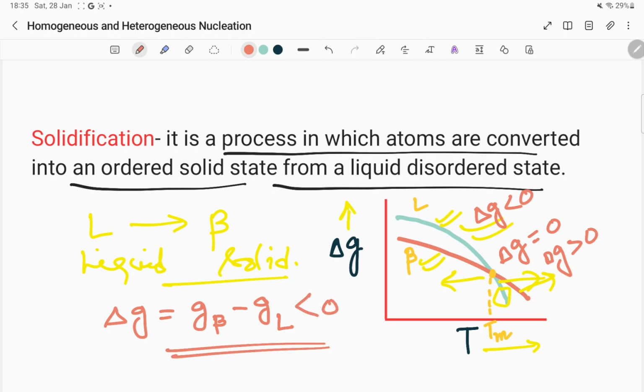Then only solidification will happen. So here, if we can see, this value is less than 0, so transformation takes place in this range. This value is greater than 0, so no solidification will happen here, and this is where delta G is 0. So below this value, on this side, transformation will happen.